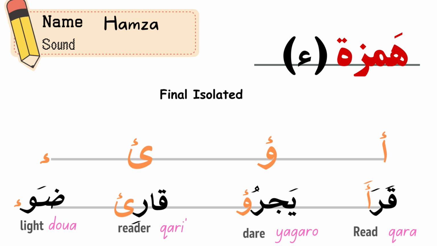Word يجرؤ. يجرؤ shows the hamza in the final form isolated on wow. Word قارئ. قارئ shows the hamza in the final form isolated on broken alif. Word ضوء. ضوء shows the isolated form of the hamza, the original form of the hamza.